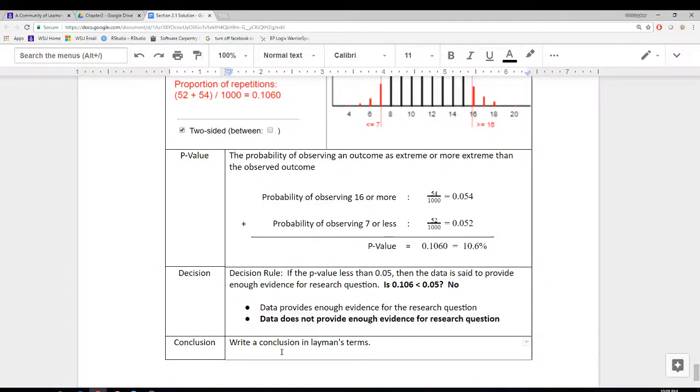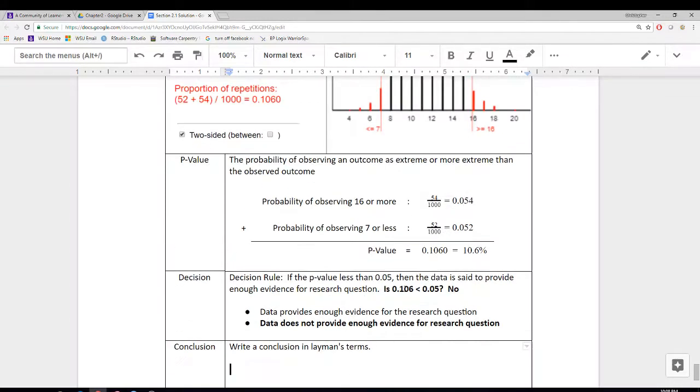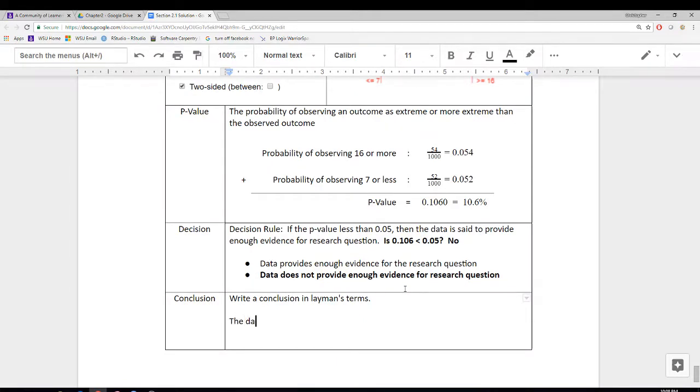Let's go ahead and write a conclusion that has the three parts that are required of a conclusion. So the data does not provide enough evidence to say, okay, that's the decision here.